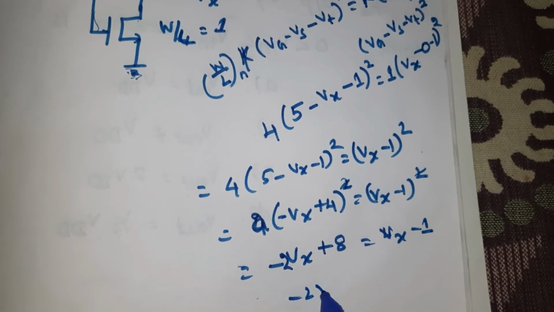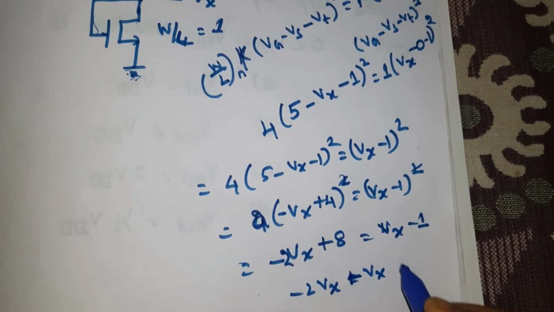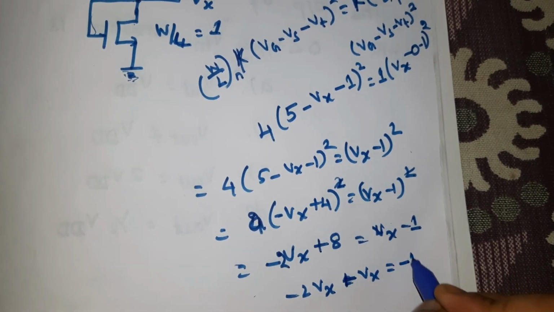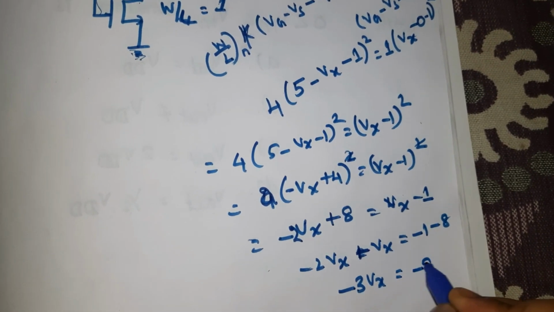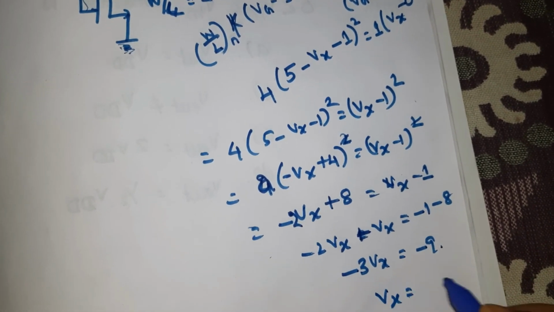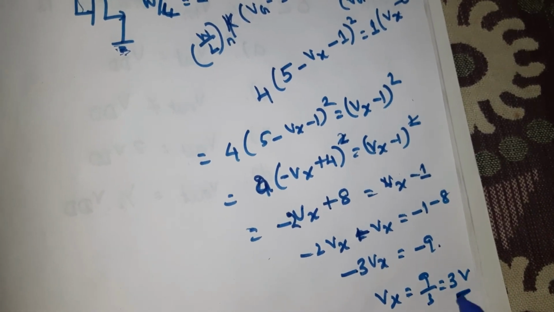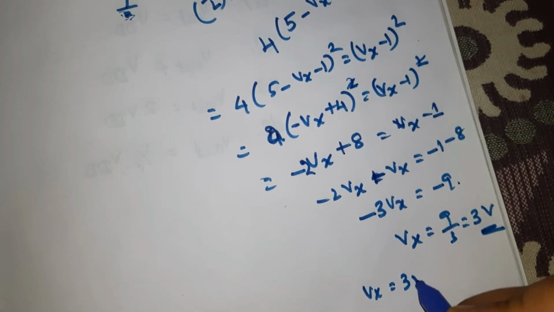So we get minus 3Vx is equal to minus 1 minus 8, so minus 3Vx is equal to minus 9. So Vx is equal to 9 by 3, that is equal to 3 volt. So here the answer is Vx is equal to 3 volt.